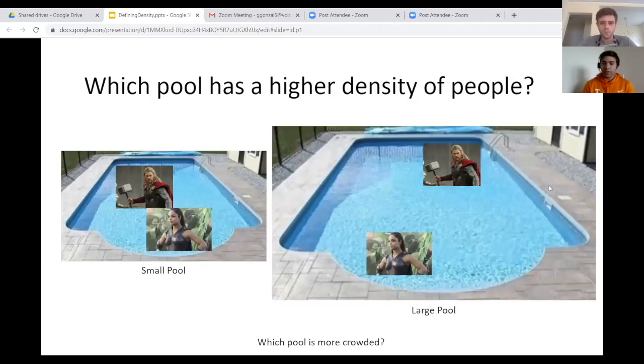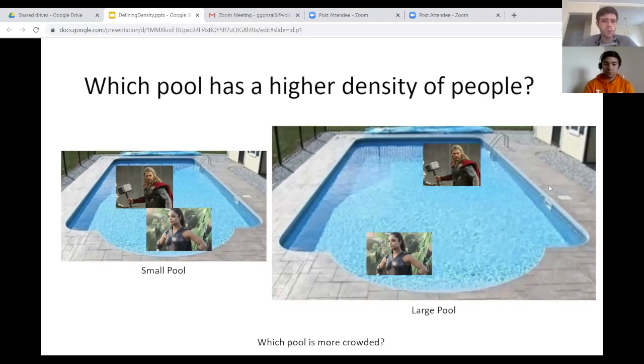So let's do one more example. Which pool has a higher density of people in it? The smaller pool on the left or the larger pool on the right? Hmm. Well, both pools have two people in them, and those are the same two people. So I would say the stuff that's in the pool is the same.